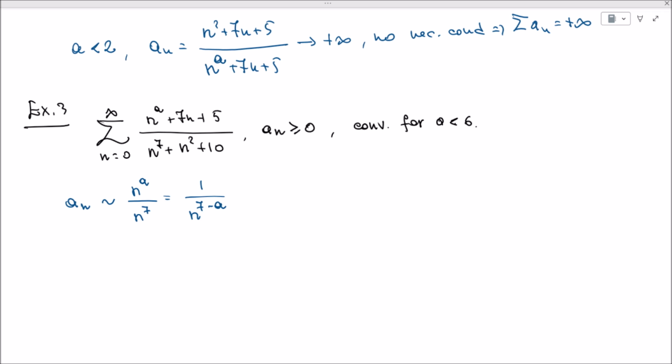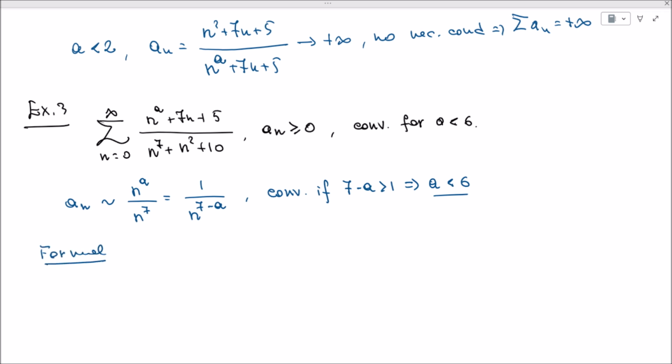So when does this series converge? Well, this series will converge if 7 minus a is larger than 1, which is to say that a is less than 6, which is exactly what we had. Now, this is still not a formal proof.